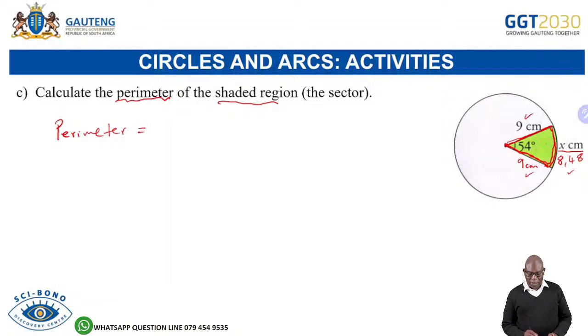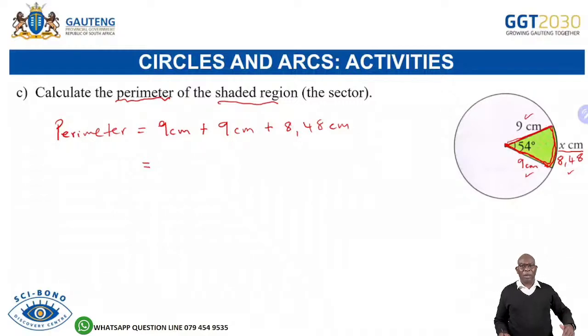So in this case, I'll have 9 centimeter plus 9 centimeter plus 8,48 centimeter, because that's what I got. I know some of you are going to use the 9 centimeter because in the previous question we said round it off to the whole number. Now in this case, if I add everything in there, I'm going to get 26.40 centimeters.